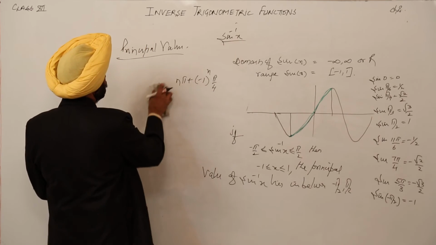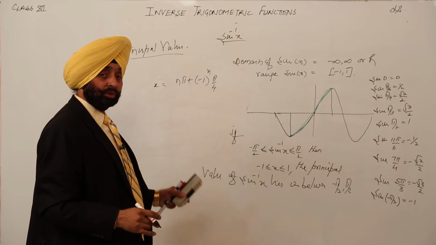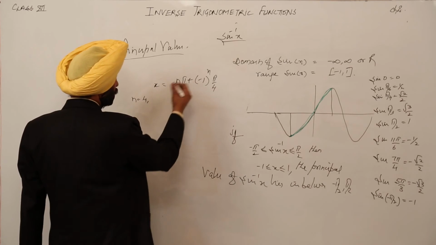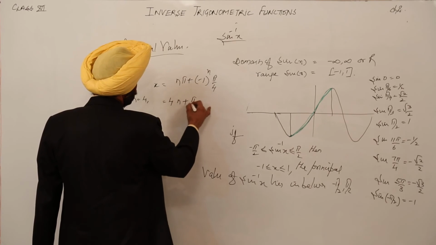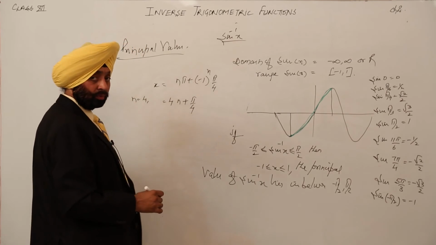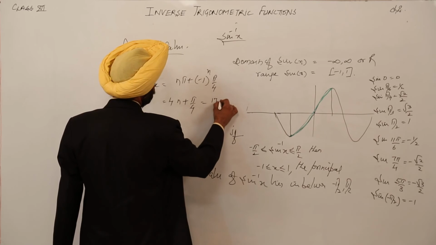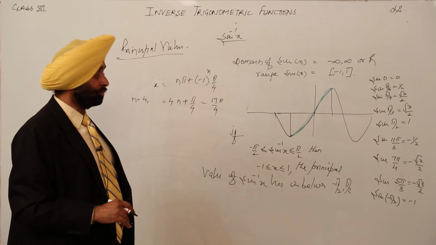Okay, now we are having x is equal to pi by 4. Let n be equal to 4. Now what are we getting? 4n plus pi by 4. Now this becomes what? 17 pi by 4.